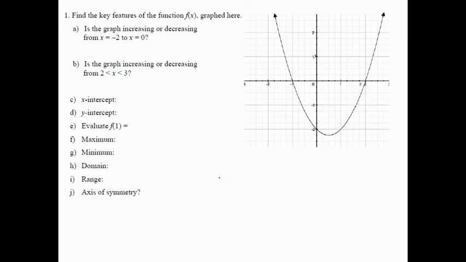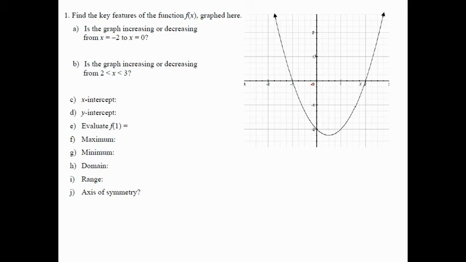All right, let's take a look at our example here. It says to find the key features of the f function graphed here. Is the graph increasing or decreasing from x equals -2 to x equals 0? So we need to look from -2 to x equals 0 over this interval here, okay?